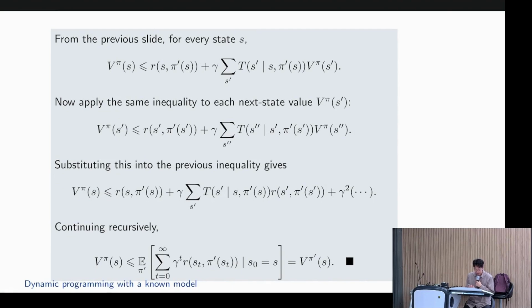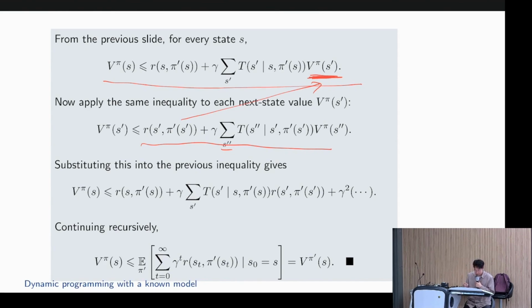Then the trick is to apply the same inequality for all next state values, this guy. So this must hold for all states, so we're going to apply the same inequality here. Let's call the next state s double prime.